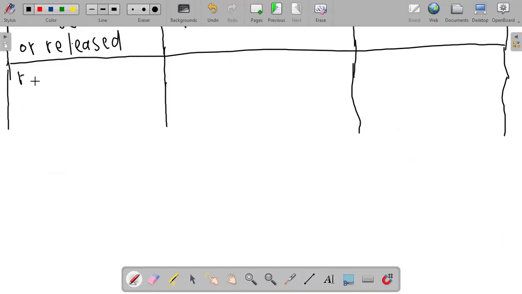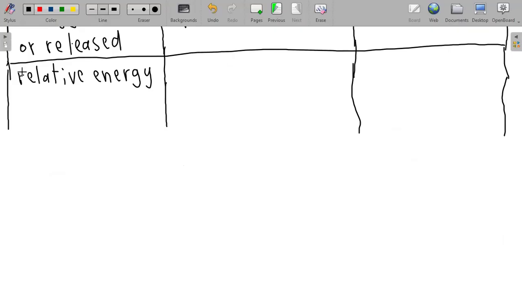So now here we have relative energy of reactants and products.